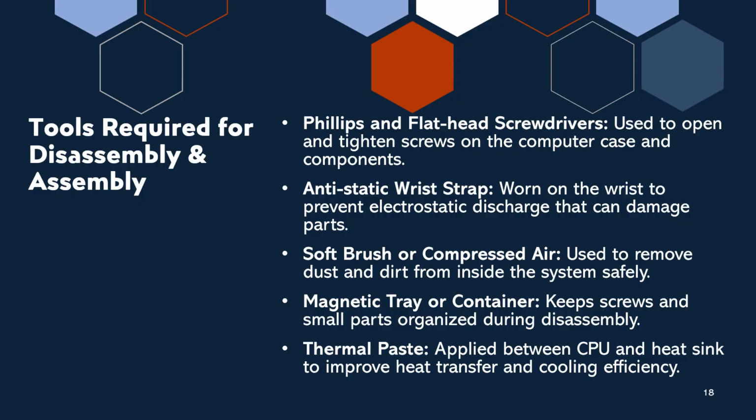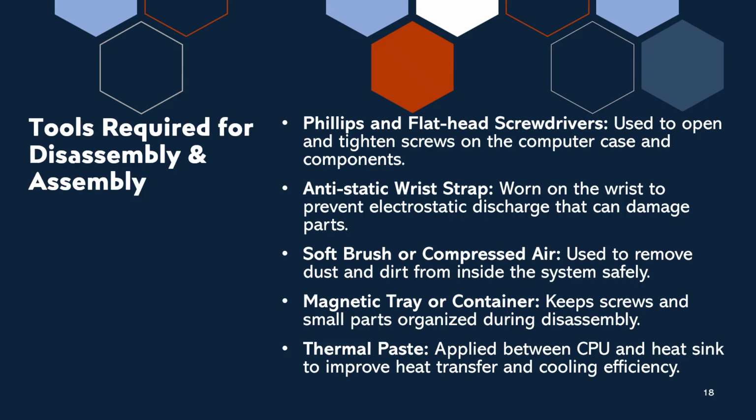Tools required for disassembly and assembly. Phillips and flat head screwdrivers are used to open and tighten screws on the computer case and components. Anti-static wrist strap is worn on the wrist to prevent electrostatic discharge that can damage parts.